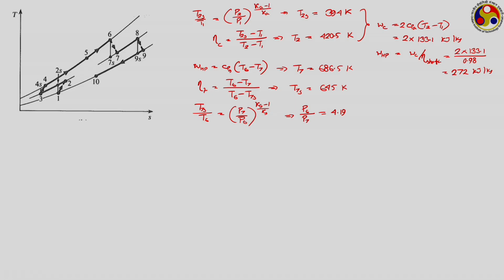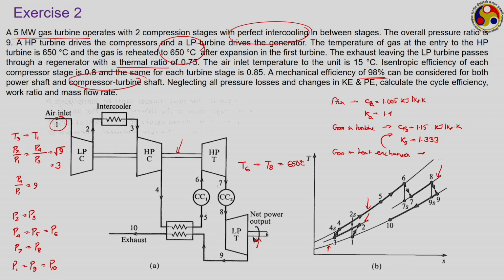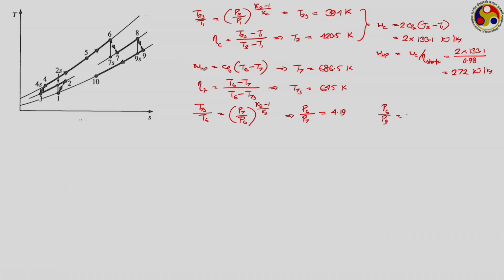Exact value is not required, not given also. So, P6 upon P7 is 4.19, and we know that P6 upon P9 should be equal to the overall pressure ratio, which is P4 upon P1, equal to 9.